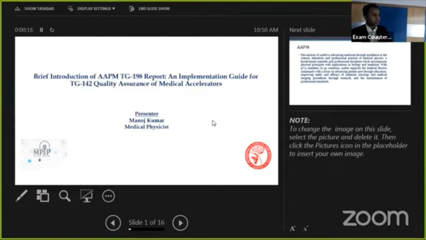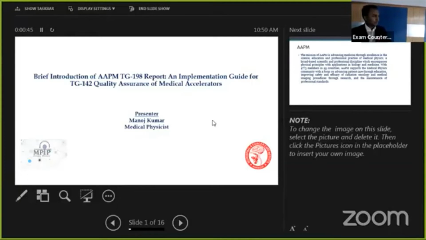My name is Manoj Kumar, and I'm a medical physicist working at NCCI hospital. I completed my graduation in physics from Karachi University. After completing my graduation, I was inducted as a trainee medical physicist in Aga Khan University Hospital, which runs a 2-year certificate trainee medical physics program, where we were doing hands-on training and were also taught didactic courses related to the field.